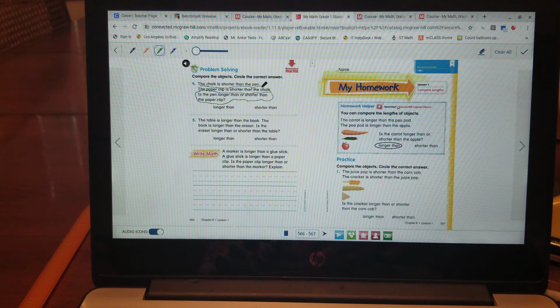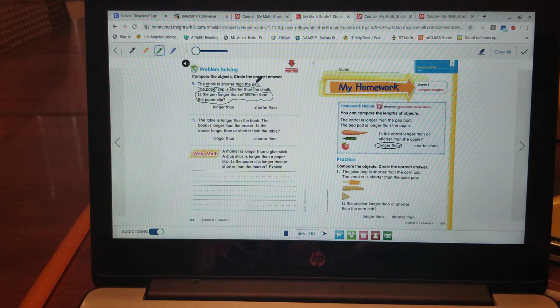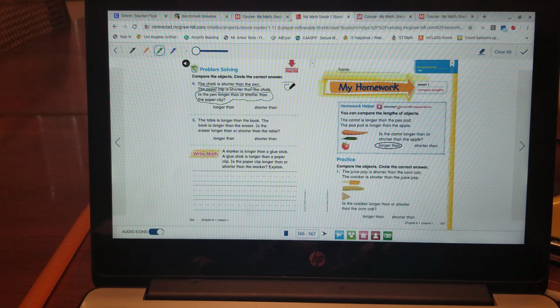So go back in the story, reread. Remember, that's a strategy. Read it again. The chalk is shorter than the pen. And I'm going to make a little picture. This is going to be my chalk. I'm going to put a C on it. And it says the chalk is shorter than the pen. I'm going to make another line. This is called making a model. And I'll make that the pen.